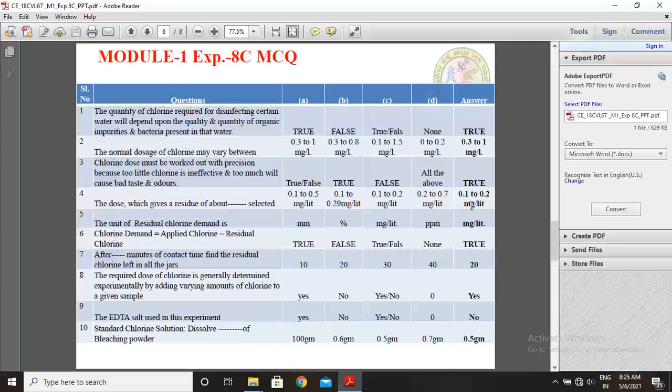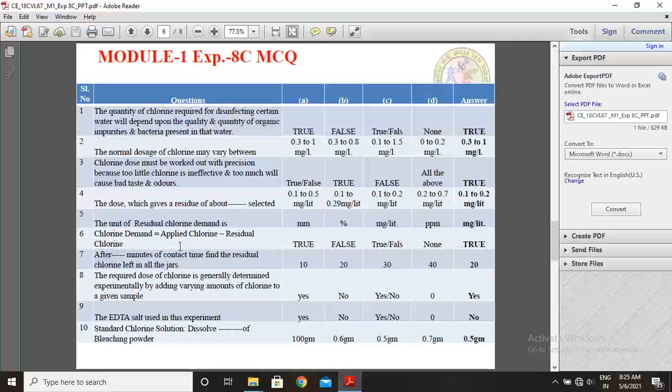Correct answer is 0.1 to 0.2 milligram per liter. The unit of residual chlorine demand is mm, percentage, milligram per liter, or ppm. The unit is milligram per liter.